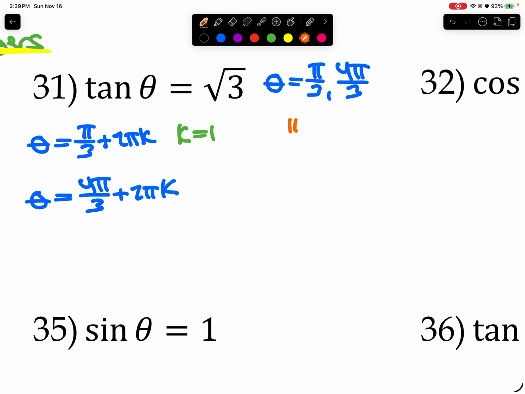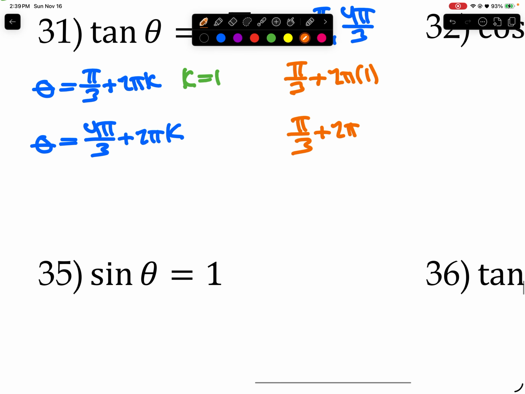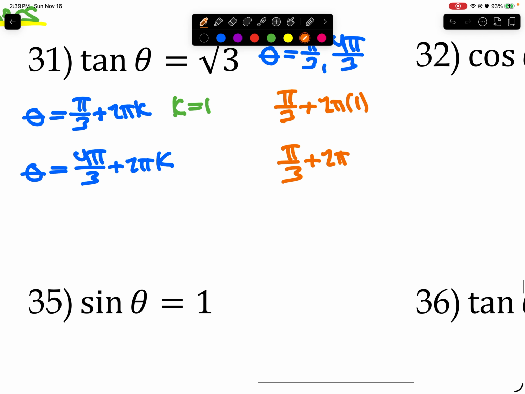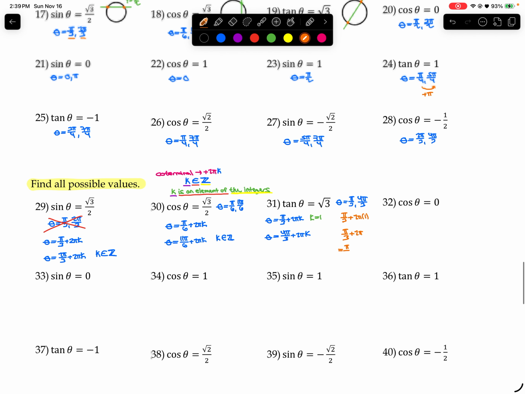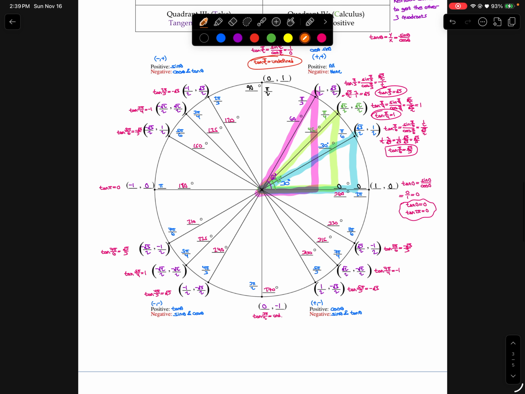So then if I do pi over 3 plus 2 pi times 1, pi over 3 plus 2 pi, hold on. Yes, because we're looking at pi over 3. Sorry, y'all.